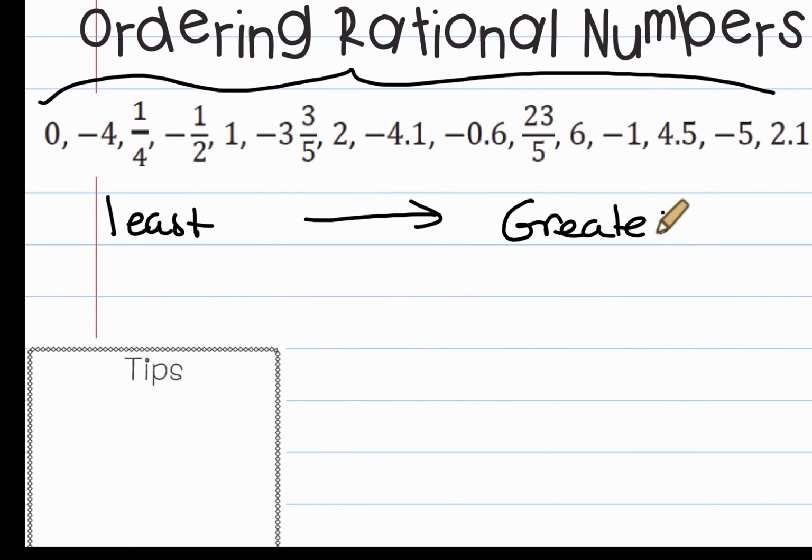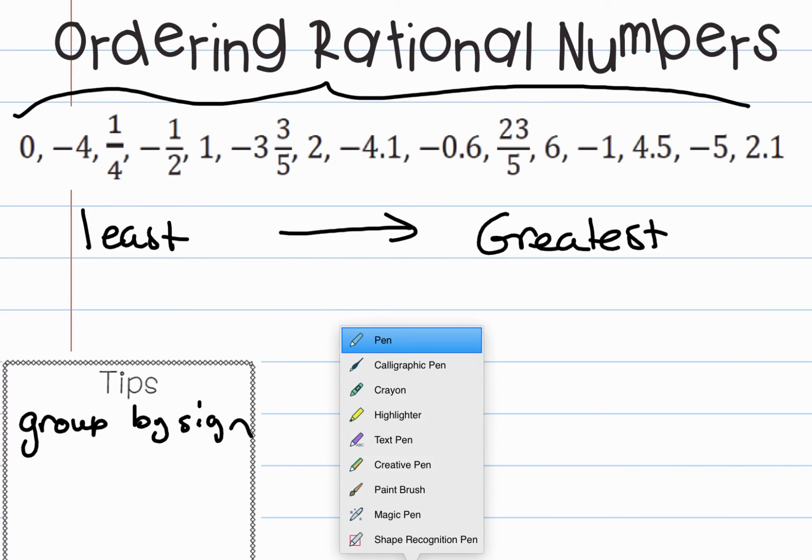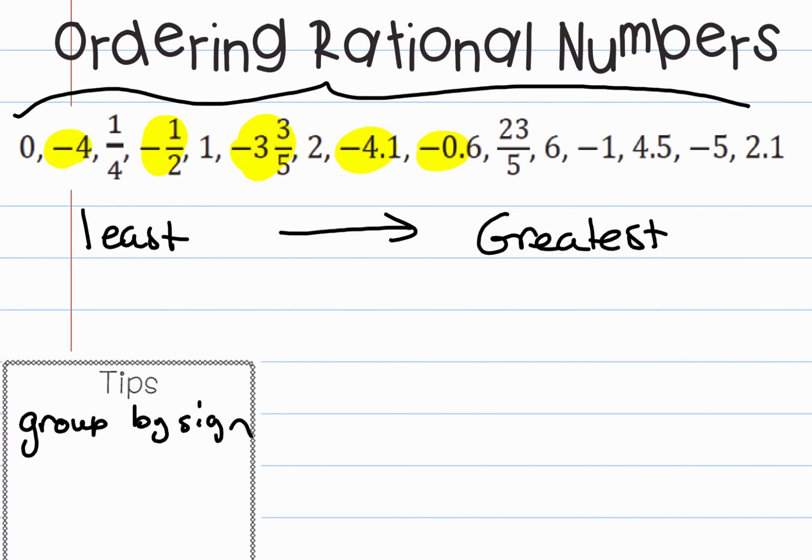We could do greatest to least, but this is the one we're going to do. First, group the numbers by signs. What does that mean? It means find your negatives, because we know that negatives are going to be less than all of the positives, including the neutral number 0.